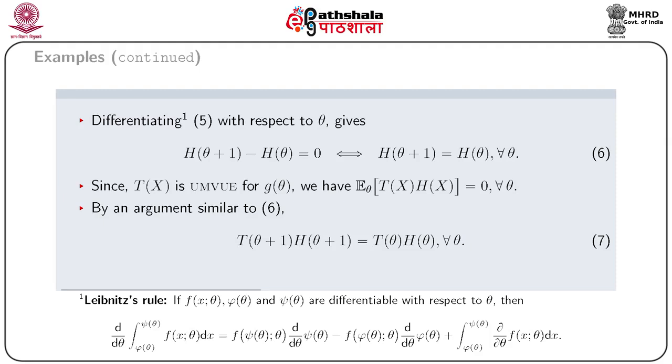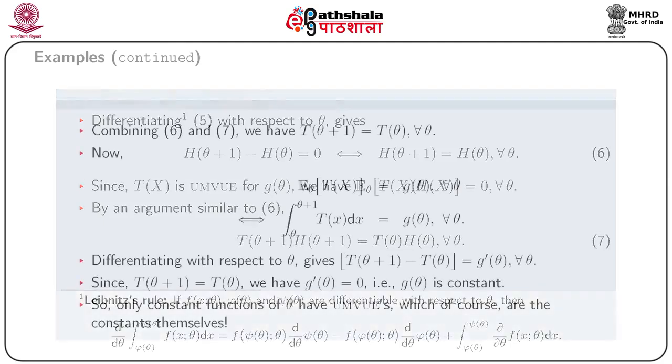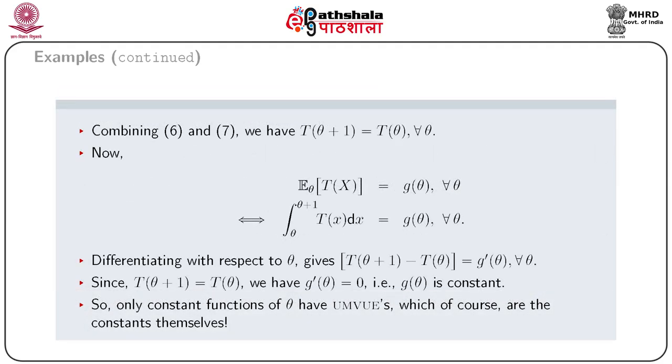By a similar argument as before, we get h(theta + 1)T(theta + 1) = h(theta)T(theta) for all theta. We write this as equation 2. Comparing 1 and 2, we get T(theta + 1) = T(theta) for all theta.